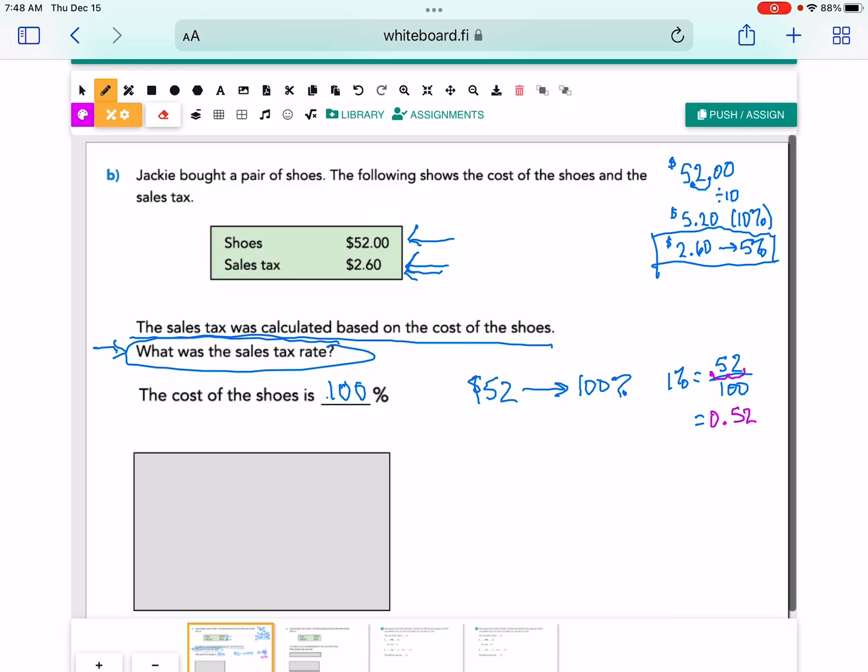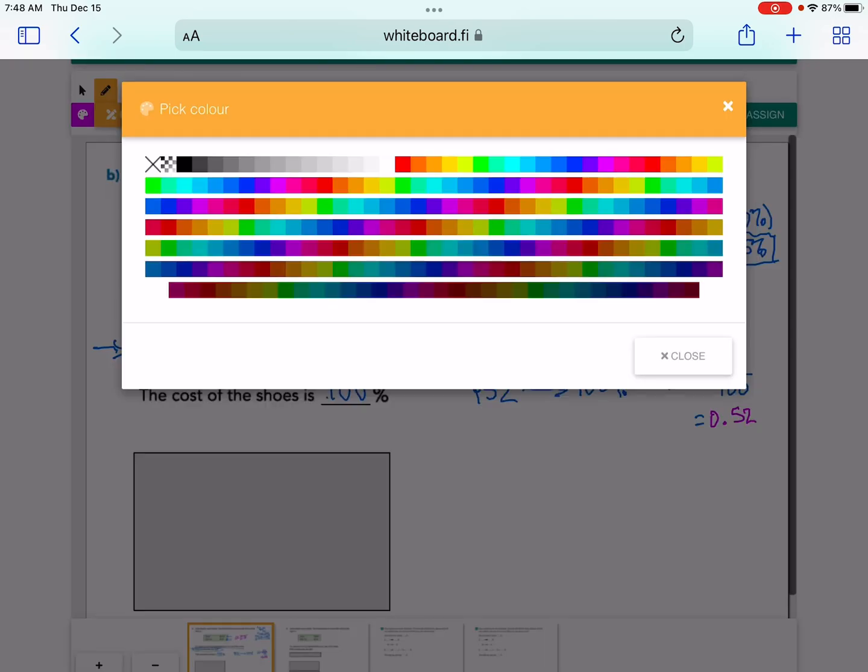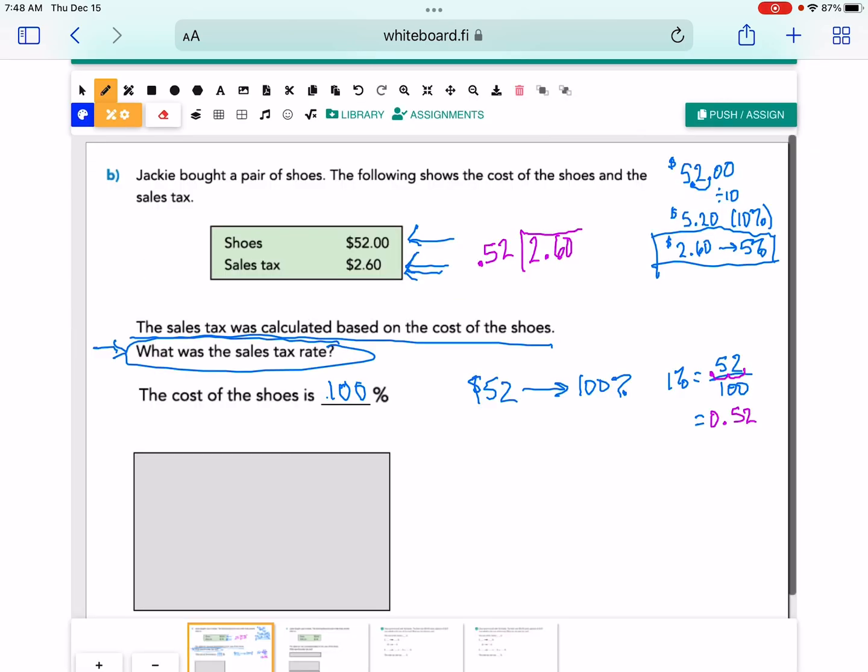At this point, I am able to divide my sales tax by 1% to see how many percentages it is, right? 1% times something gives me $2.60. So I'm simply going to put $2.60 here and 52 cents here, right? And then, of course, I'm going to move my decimal point over to make my life easier.